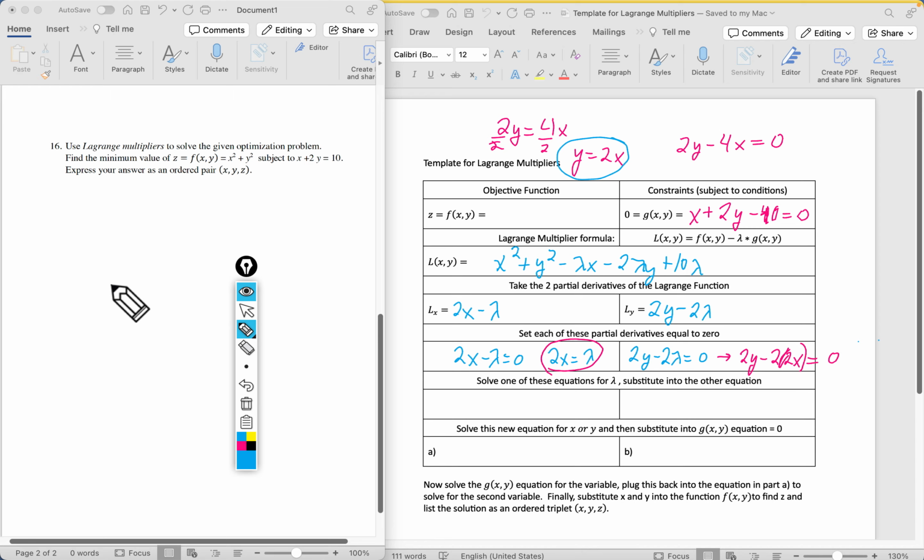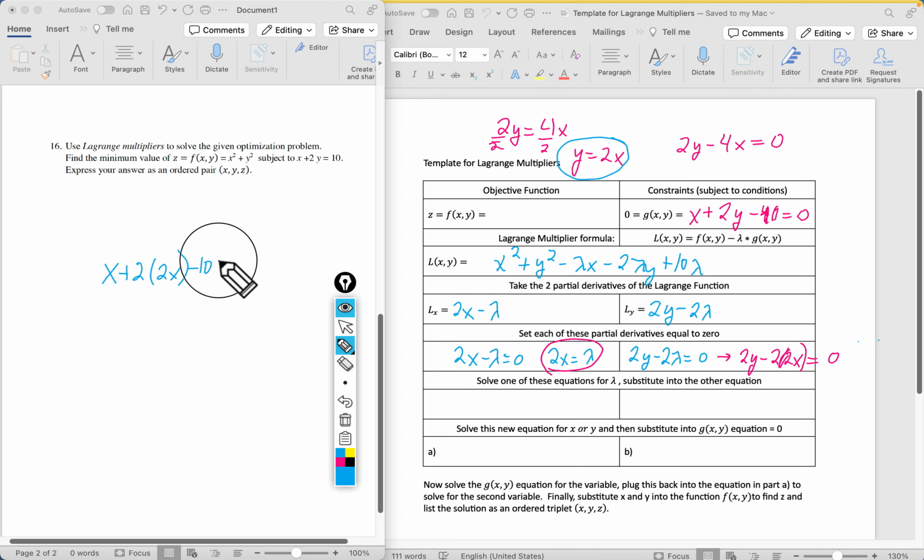And I'll do that over here. So I'm going to get x plus 2 times 2x minus 10 equals 0. So notice we end up using 3 parts. We use both the partial with respect to x, partial with respect to y, and the original constraint function. This is going to give us the critical points.